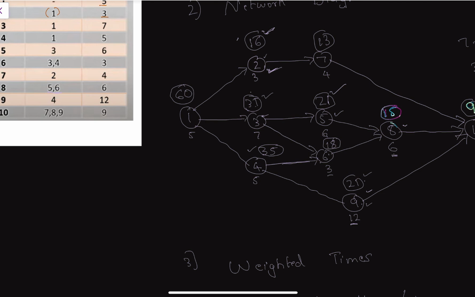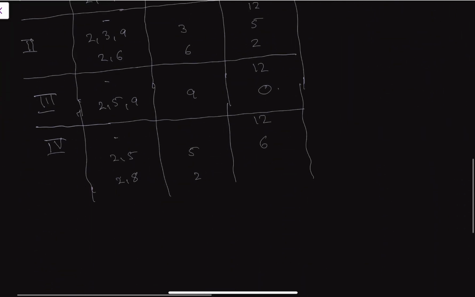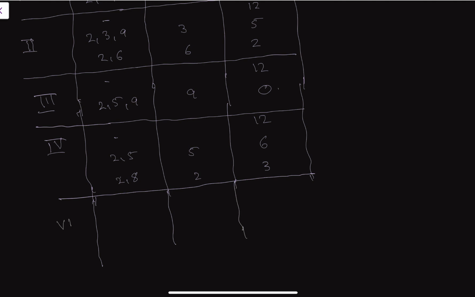So 16 is greater than 15, and you will select 2. Now the remaining time is 3. You cannot find any more jobs here, because the duration of all the jobs after that is greater than 3.